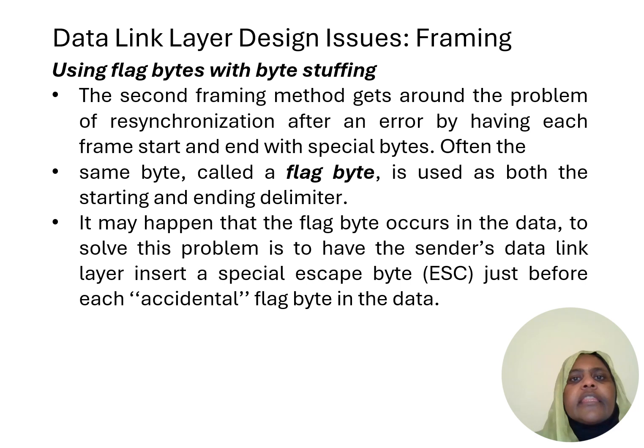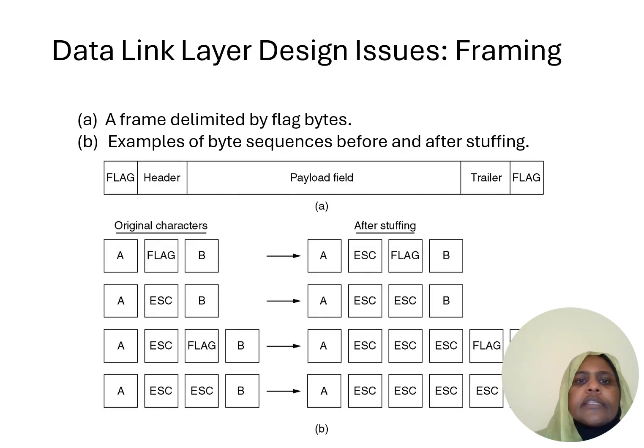It can happen that the skip byte itself can occur in the data, and then the skip byte will be preceded with a skip byte. As we shall see in the example here, the frame has 2 flags, one at the beginning and one at the end, determining the beginning and the end of the frame.